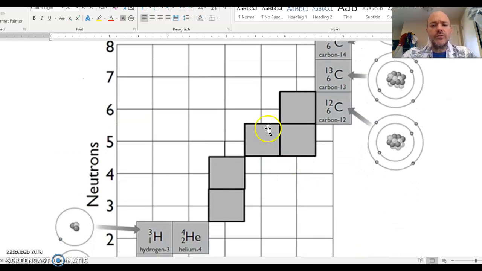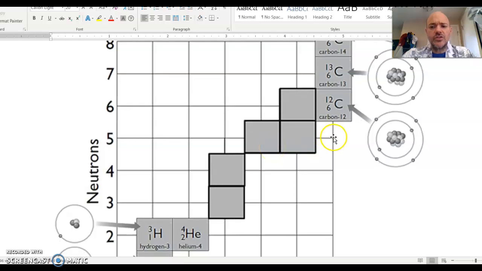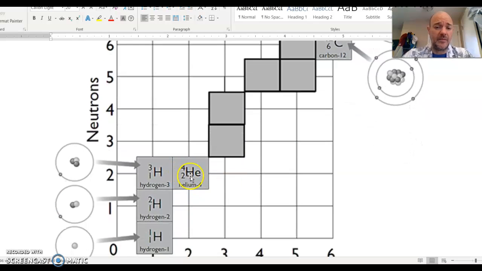When you're going through and doing this section, if you just want to write the name of the isotope, like carbon 12, carbon 13, carbon 14, you can do that. If you're having trouble writing isotope notation and symbol notation, that can be pretty tough to do. Honestly, I can't write this on a computer.